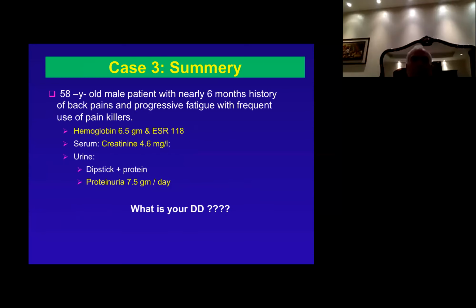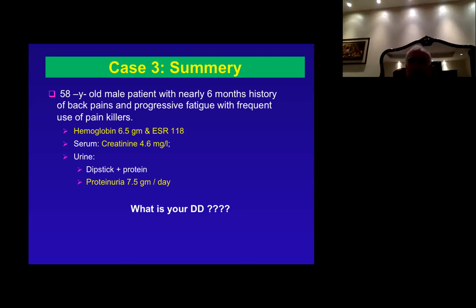Now to summarize: 58-year-old patient, 6-month history of back pain, low hemoglobin, high creatinine, proteinuria 7.5. I'd like to attract your attention, colleagues, that our dipstick detects only albumin. But the method that we use to measure, turbidimetric method or actual chemistry, detects all proteins, albumin, globulin, all kinds.